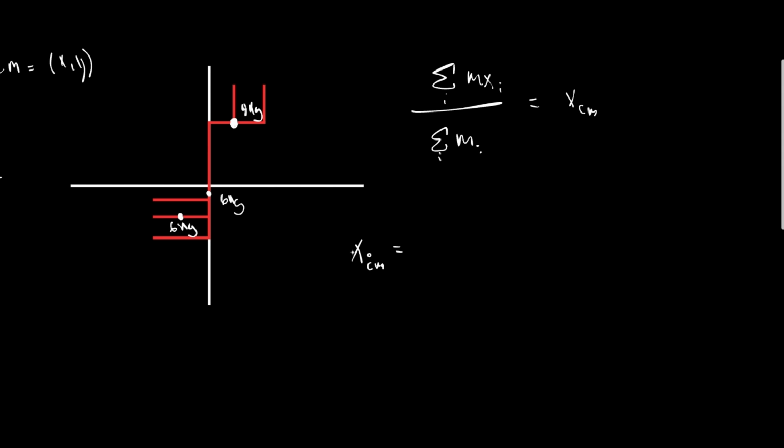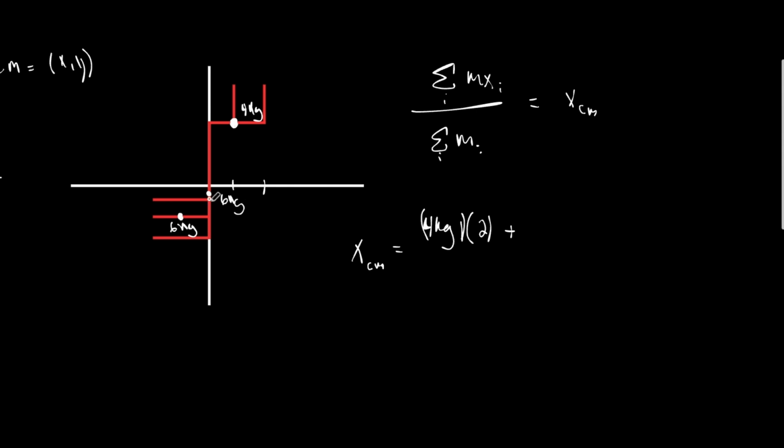Let's say this is 1, 2, so 2 units to the right. So we have 4 kilograms times 2. Typically you're given units, but in this case we won't apply units, though it would be the same process. Here we'll just say 2, implying that we go 2 units to the right. Plus, now look at the x variable here.